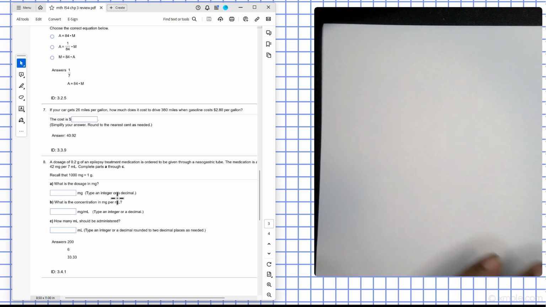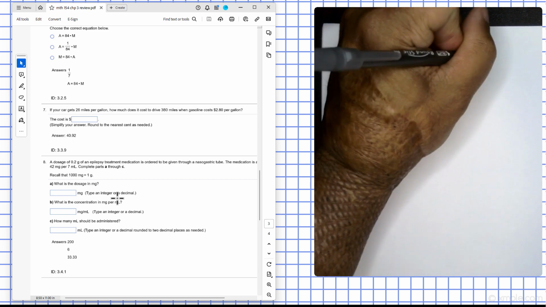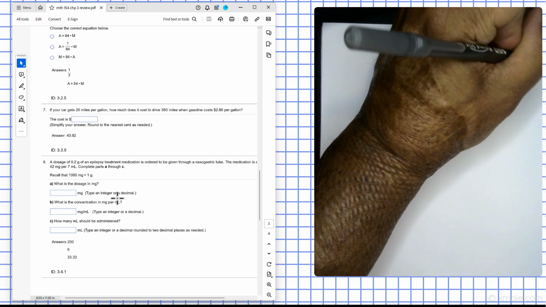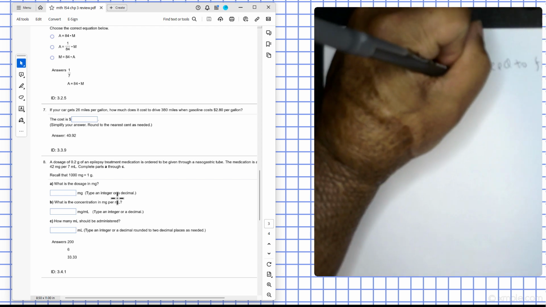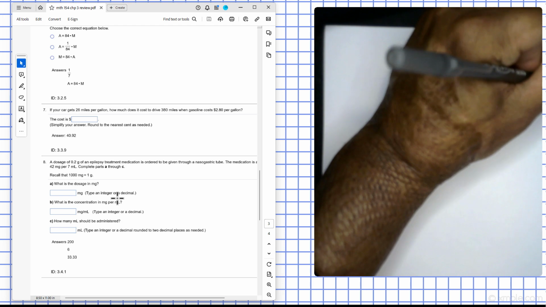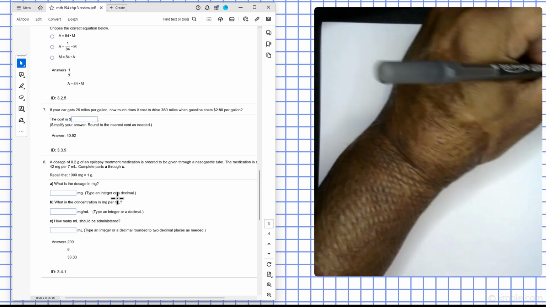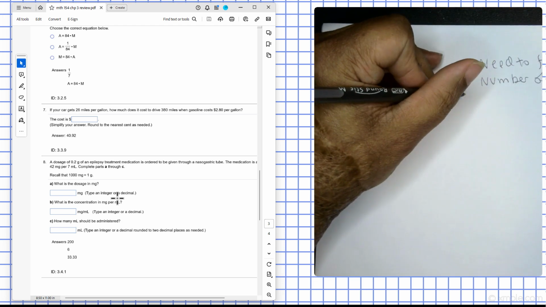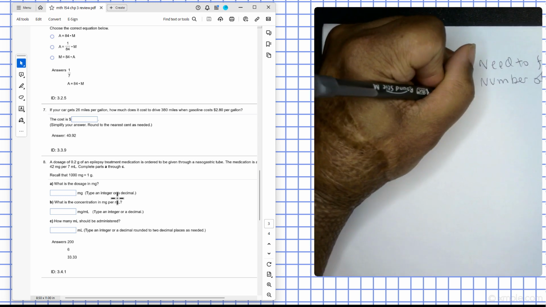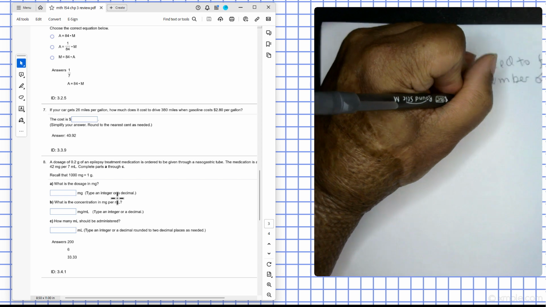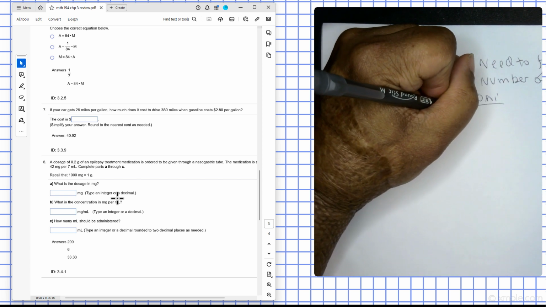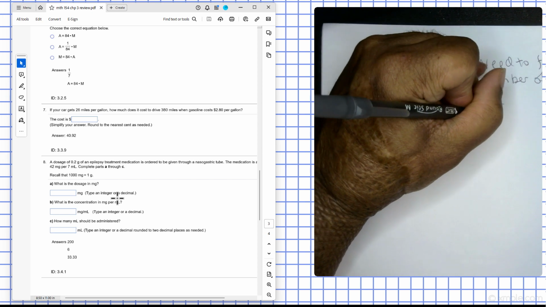So we need to find the number of gallons. So you can divide here: 380 miles divided by 26 miles per gallon.